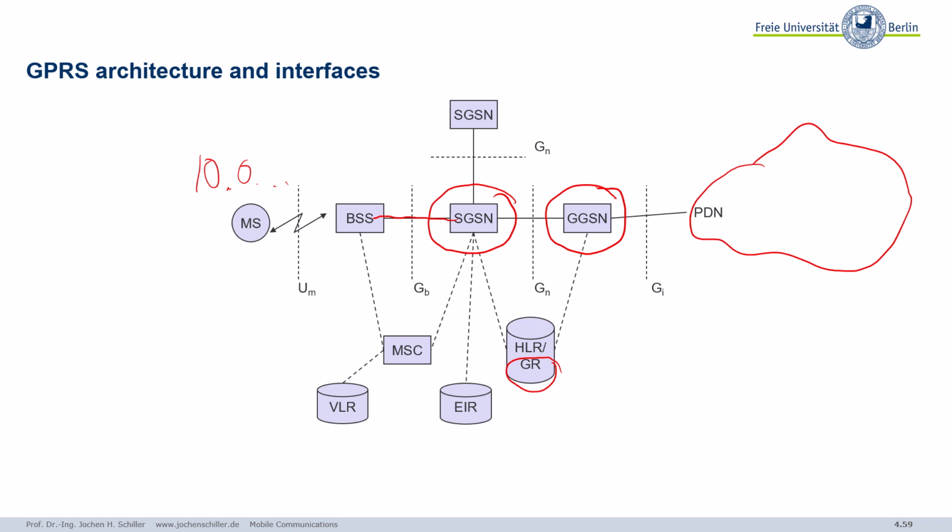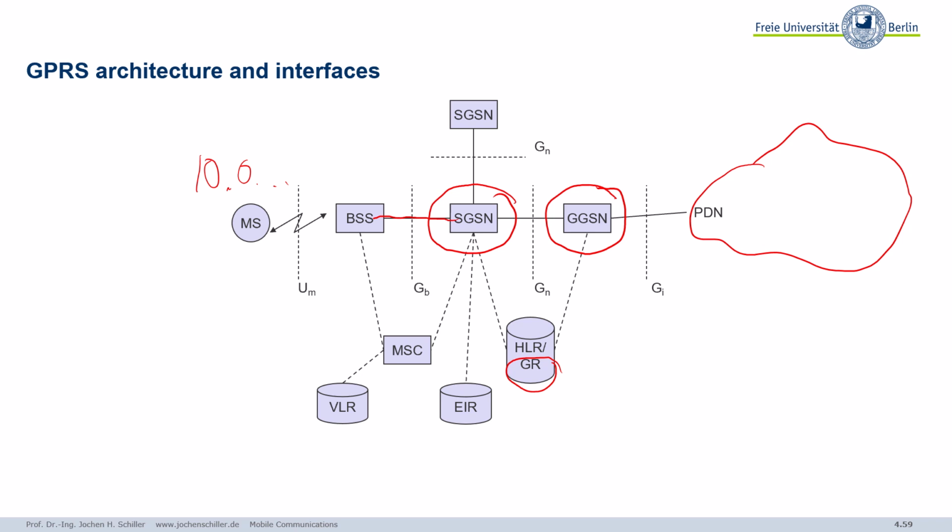Sometimes some of the operators also offer global IP addresses. The problem is that if the device is really visible to the outside world, you can also attack the device. So although private IP addresses are not really good security mechanisms, at least they enable a certain kind of separation of the private network and the public network.